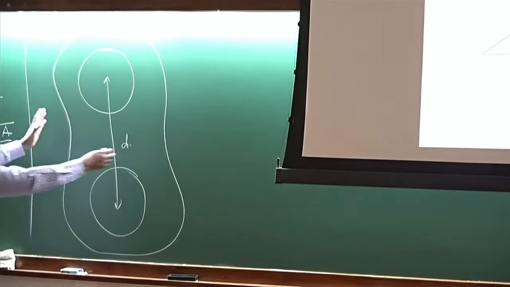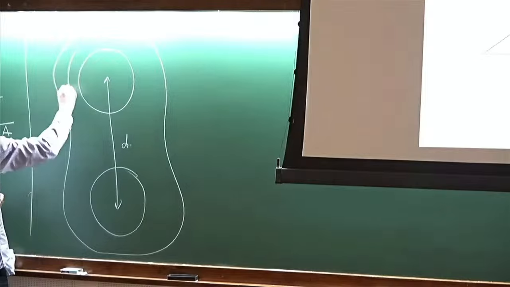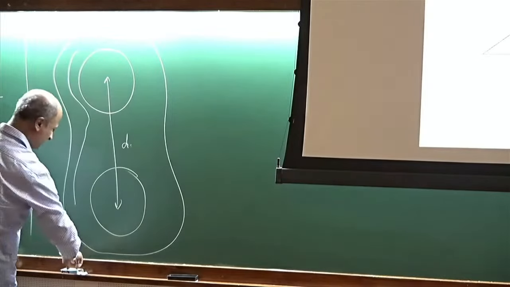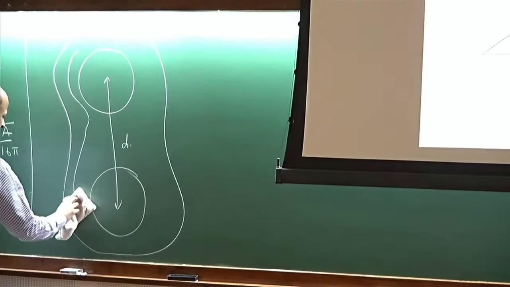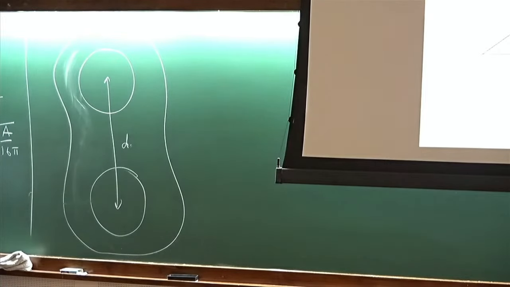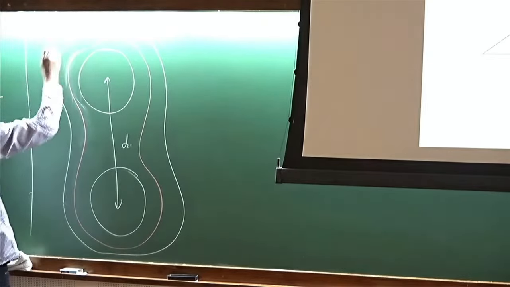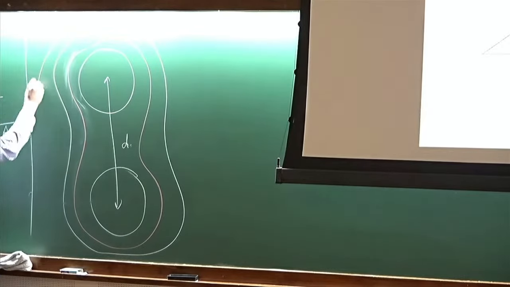This common MOTS, or the common apparent horizon as it is often referred to, splits into two parts. One part continues to go inside. Let me use a different color for that. So one part continues to go inside, and the other part expands outwards and becomes more and more spherical.